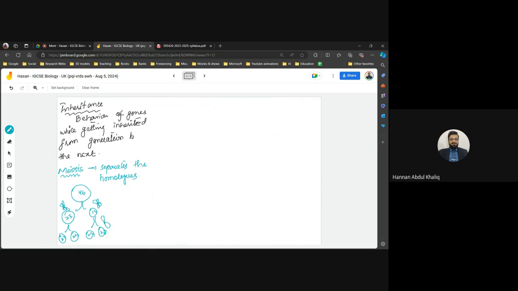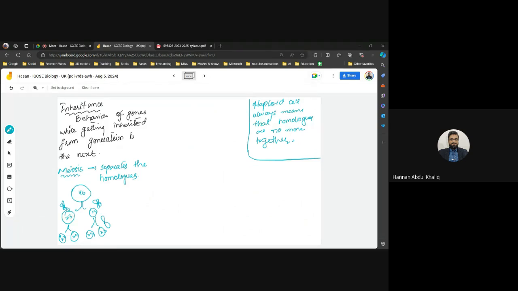A haploid cell always means that the homologs are no more together. The homologs have separated from each other. 23 have been separated from 23.